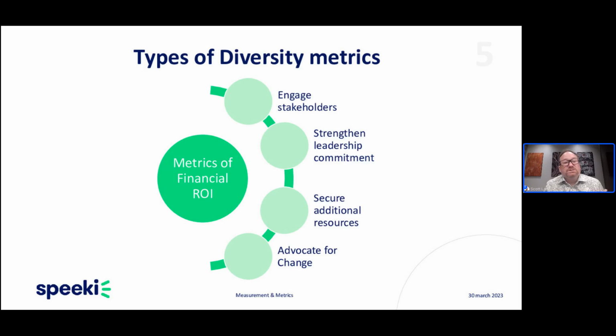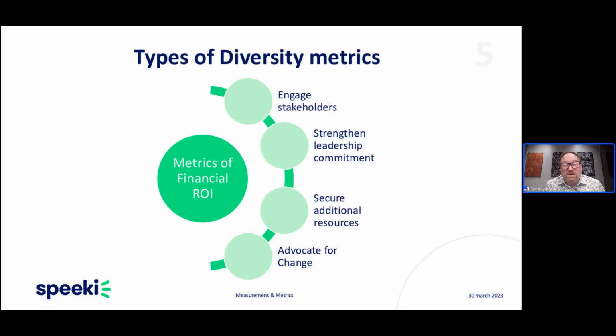Now, to give you a few more examples, let's think about financial metrics. If we were to look at some financial metrics around ESG, what's the return on our investment in ESG? What do those financial metrics do? Well, the recipients of those financial metrics, the people that look at them and read them and understand them, are going to be engaged as a result of those metrics.